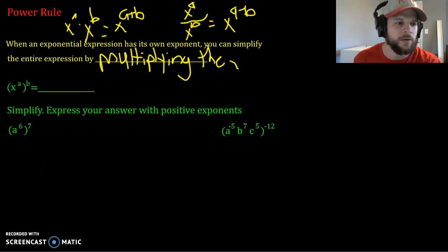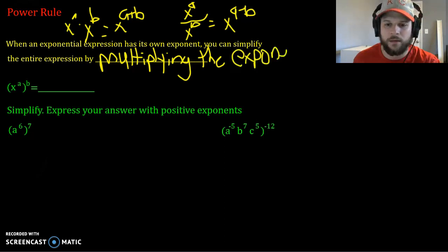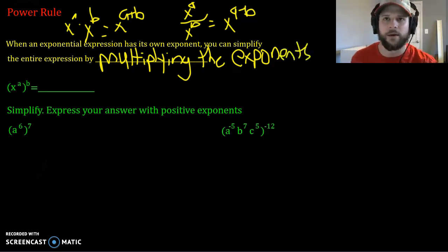Sometimes you may hear this being called power to a power. If one exponent has its own exponent, or base to an exponent to another exponent, then you would just multiply those two exponents together. So this is the only one that's a little unique, where you're not looking for same bases in order to combine things together.